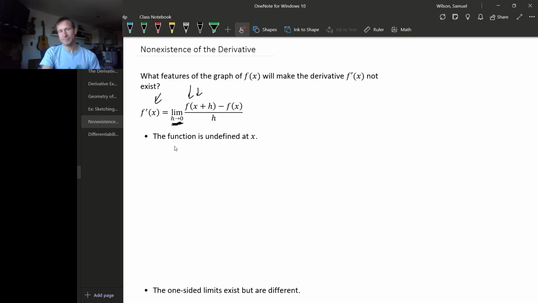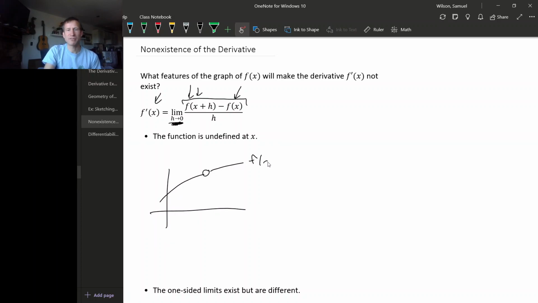One way this limit can fail to exist is if the function isn't even defined at x, right? For this to make any sense at all, f of x has to be defined. So here's a graph of f of x.